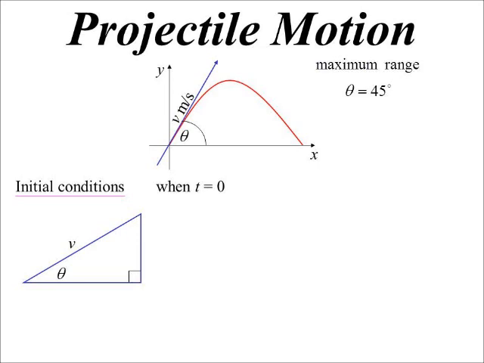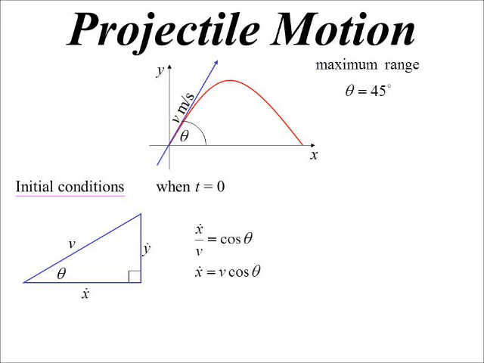So right, when time equals 0, so when we're starting, I've just drawn up a right angle triangle. This is a bit like vectors, I suppose, that we got our velocity going off at an angle, but I can break that into a horizontal component and a vertical component. And it's just simple trig to work that out.